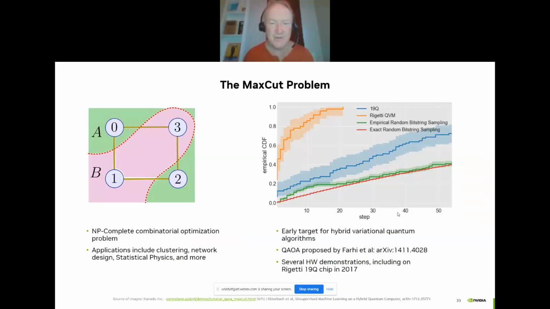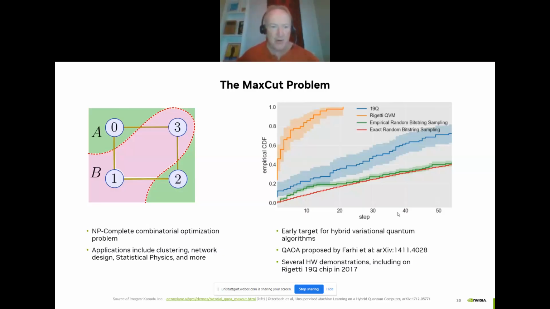So recently, NVIDIA researchers were able to present a demonstration of using this library and these approaches to solve one of the notoriously difficult problems in classical computing, the max cut problem, where the idea is to find a boundary around some number of vertices such that you have one vertex in and one vertex on the outside of that boundary.